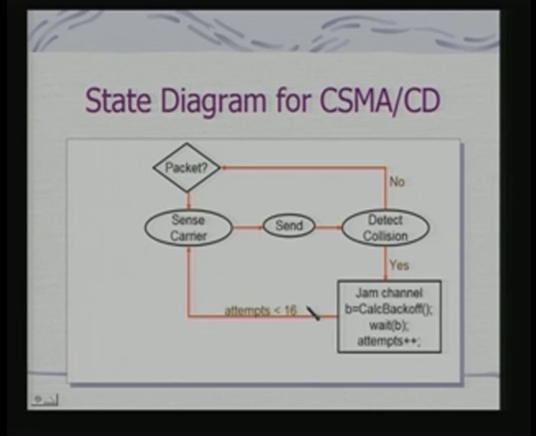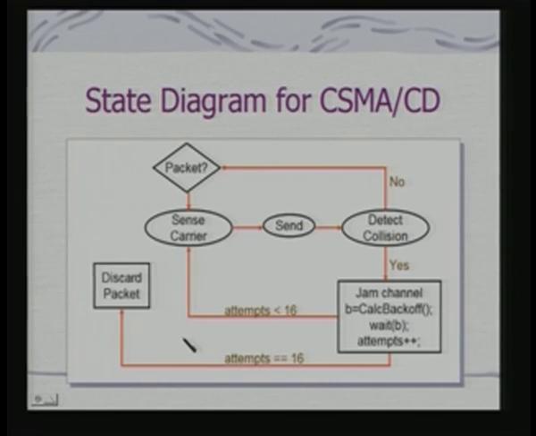Now, if the number of attempts is less than 16, there is an upper bound on the number of attempts, then you go back and try sending the packet again. If it is greater than or equal to 16, in this case we are using this number as 16, you basically discard the packet and report an error. Fine. So, this is the basic state diagram for CSMA/CD, which is followed by Ethernet.